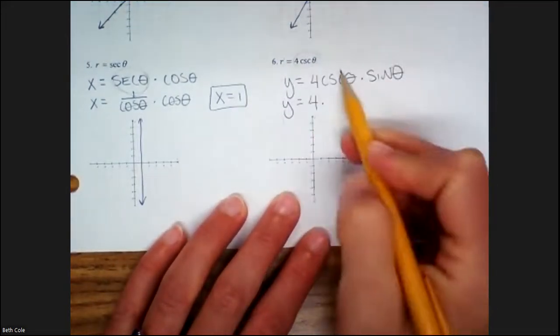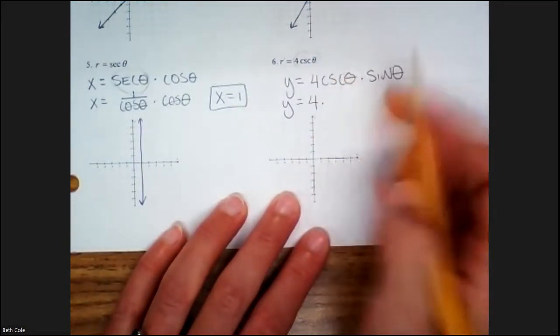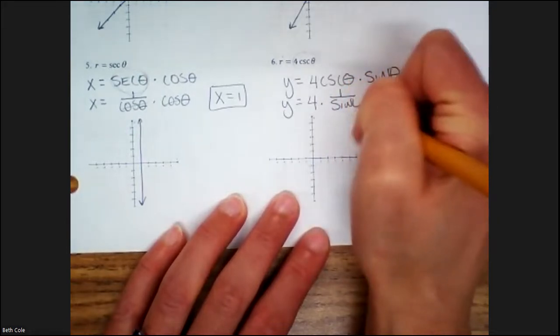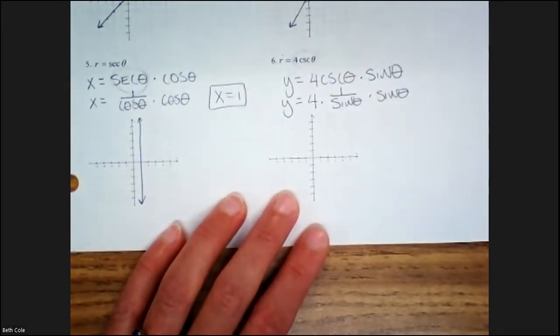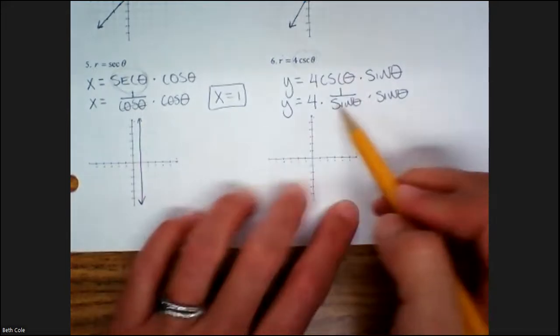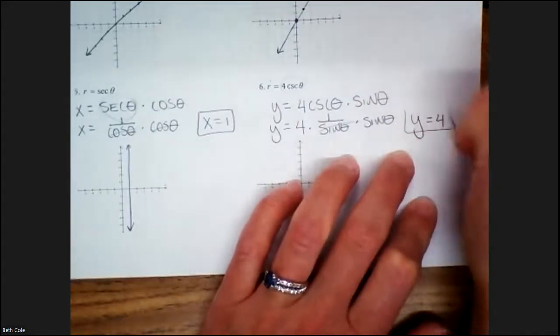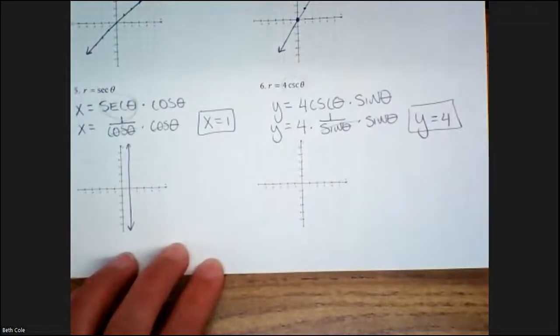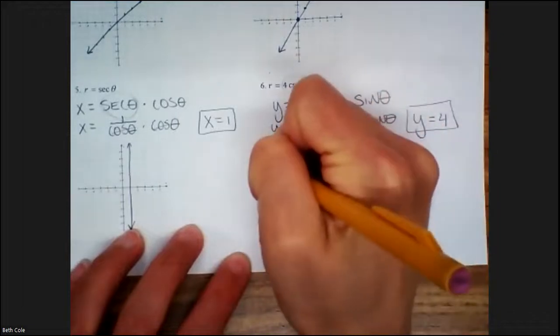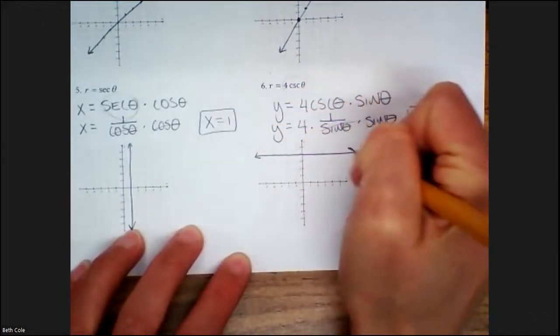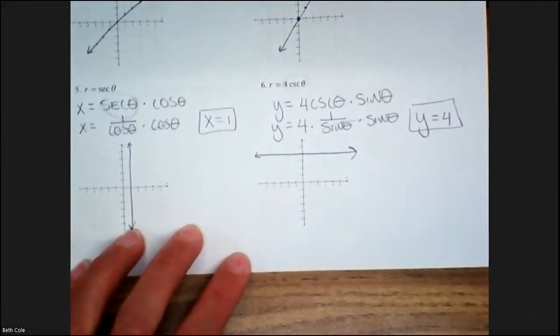Four times, and then we'll replace cosecant with 1 over sine. So that the sines cancel, and we get y equals 4. So what is that going to look like? Horizontal line at 4. So go to 4 on your y-axis and draw a horizontal line.